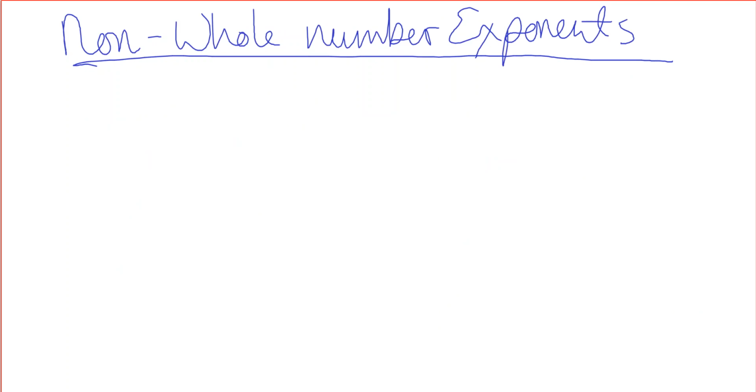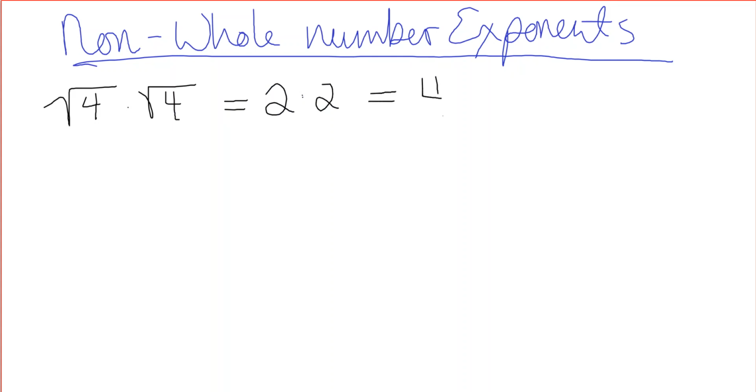So let's think. Suppose I've got the square root of 4 times the square root of 4. I'm actually going to look at another way that you could write this. You could just do this as, okay, I got 4, I'll do the square root, that'll give me 2. I've got 4, I'm doing the square root of that, that'll give me 2. That ends up being 2 times 2, which is 4.